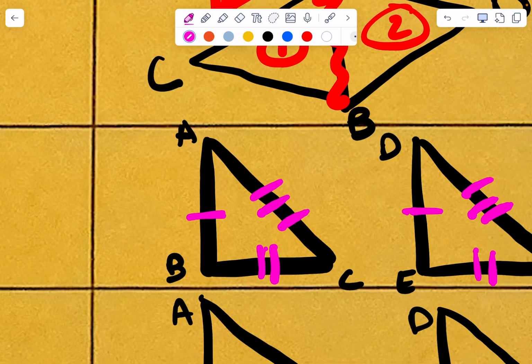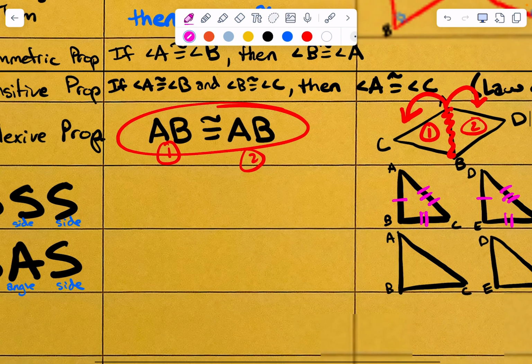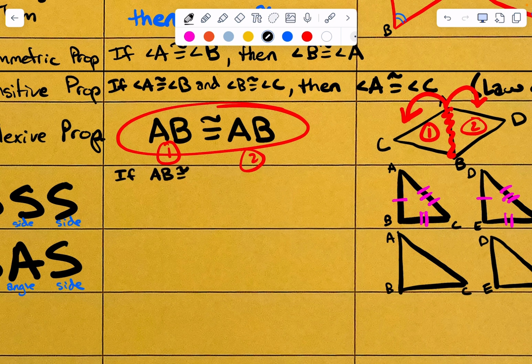True? Yes? Okay, so I'm going to say over here in my story area that if AB is congruent to DE, BC is congruent to EF, and what's the last one?